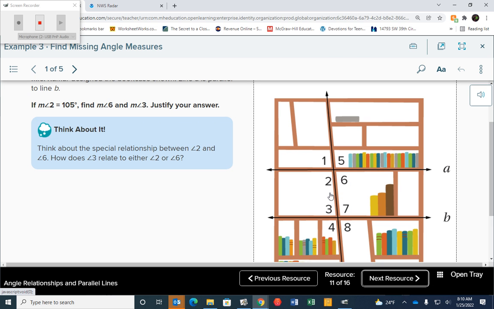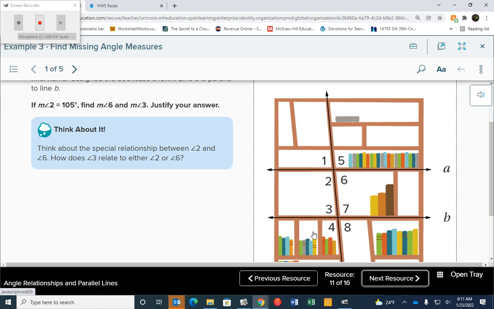Before we do any serious math, what do we already know? That 2 and 5 are the same. That 5 is also what? 105 degrees. Everybody tell me. 5 is also what? 105. Which means also 4 is what? 105. And 7 is also, because 2 and 5, those are vertical. 2 and 4 are what?